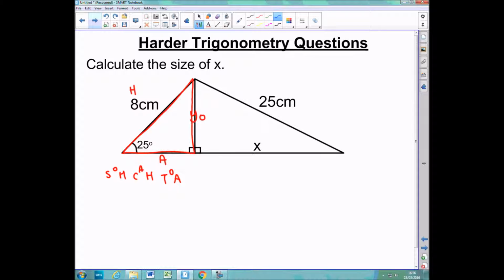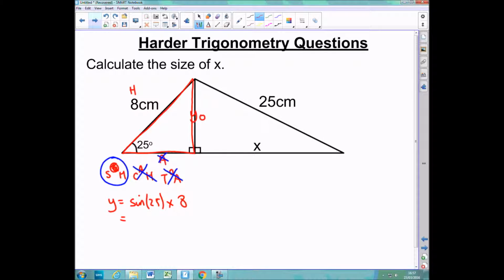We're not interested in our adjacent, so we're going to cross off everything that involves the adjacent. We're left with sine. So we want to try and find this, our opposite side. So our opposite side, or y, equals sine of 25 multiplied by our hypotenuse 8.